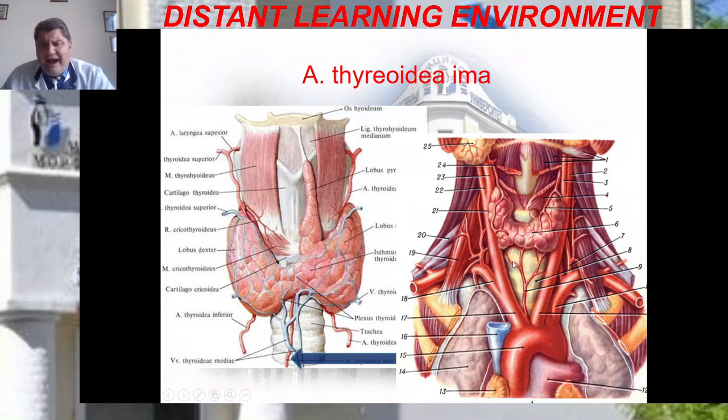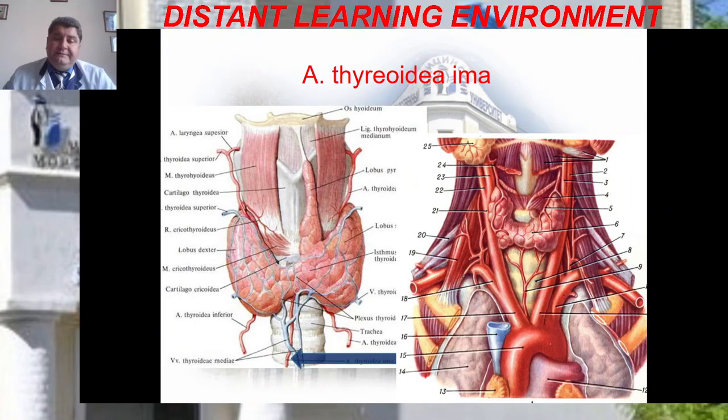When the doctor cuts this part of the trachea to let air into the respiratory tract, he may damage this artery, and bleeding starts in this difficult case.